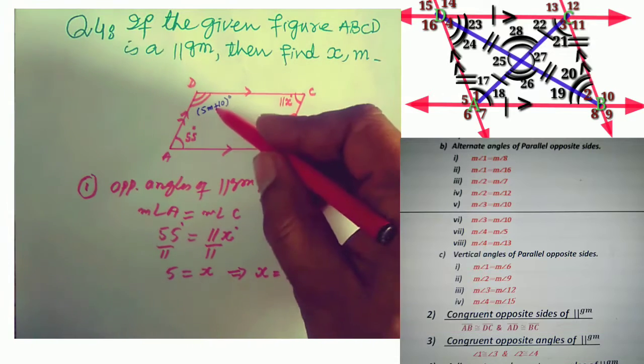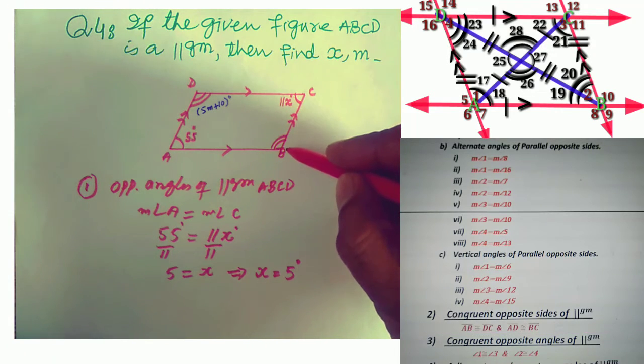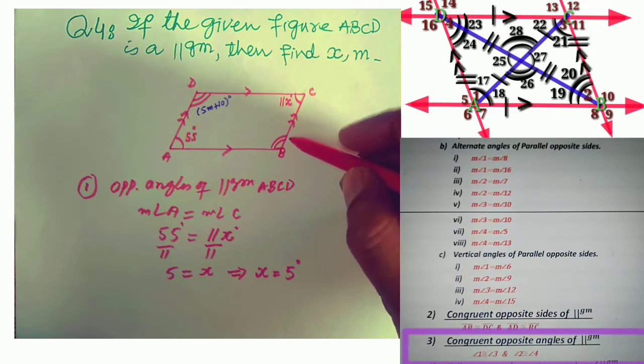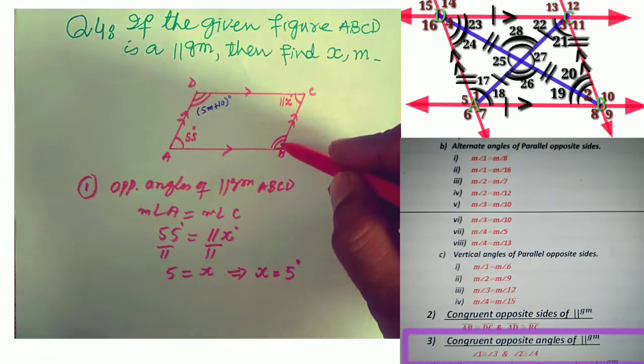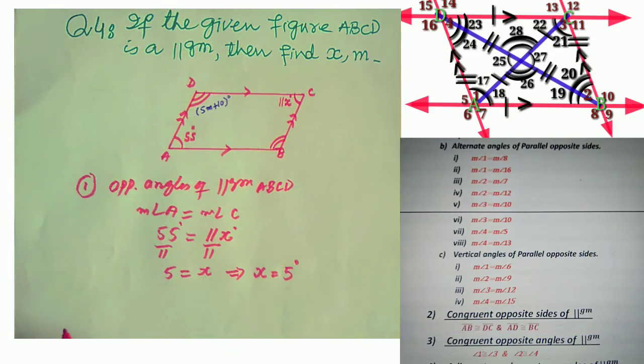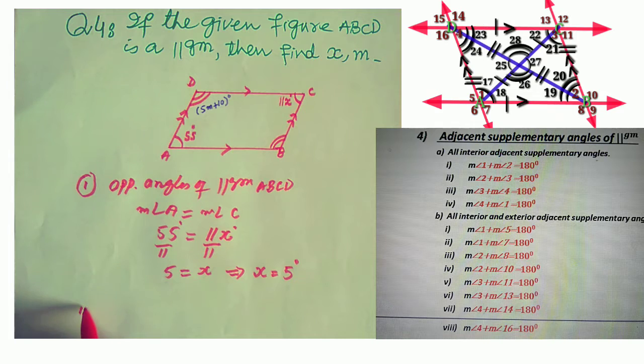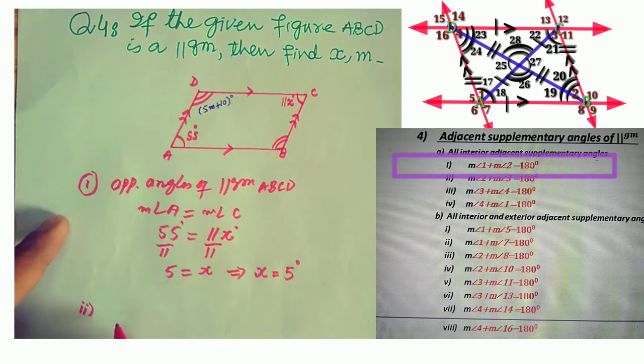For finding the value of m, we have to firstly find out the value of angle B, and the value of angle B can be found out by the property of adjacent supplementary angles.